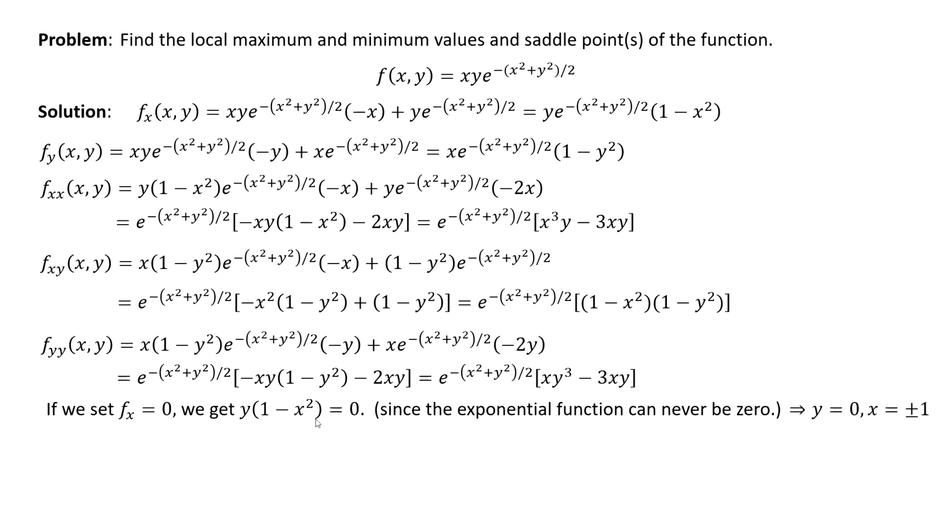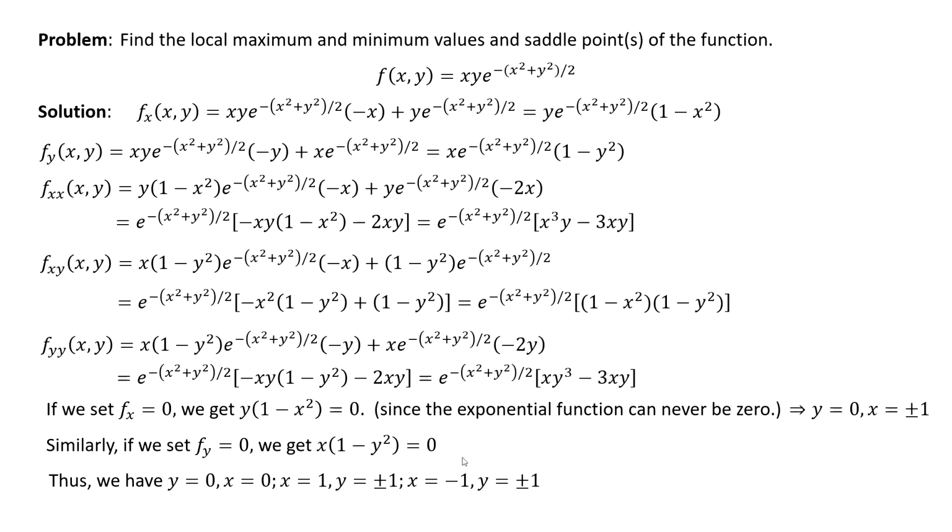Okay, and now what does that mean? Either y equals 0 or x is equal to plus or minus 1. y times (1 minus x squared): y is 0 or x equals plus or minus 1, right? Similarly, if we set f sub y equal to 0, we get x times (1 minus y squared) is 0.